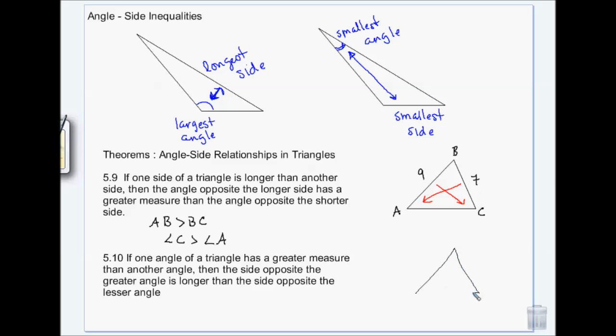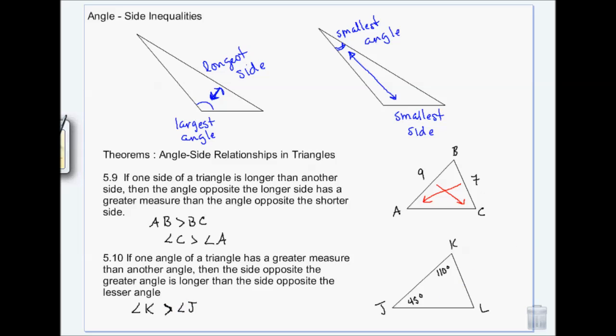And then that kind of goes the opposite direction as well. Sorry, let me make that a little bigger. If I know one angle, let's say, is 45 degrees, and I know another angle is 110 degrees, well, I know for a fact that angle K is bigger than angle J, right?